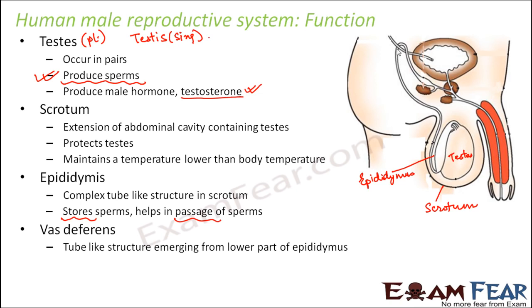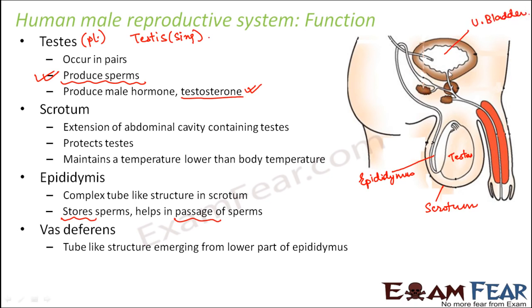And where does it open? It opens into the ejaculatory duct, the duct which takes the sperms out of the body, right? A tube from the urinary bladder also unites with this tube. So if you see, this is the urinary bladder.